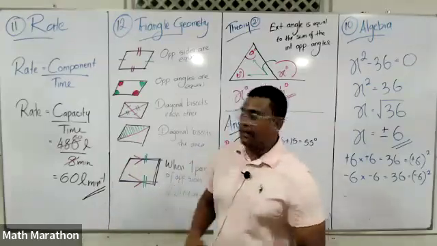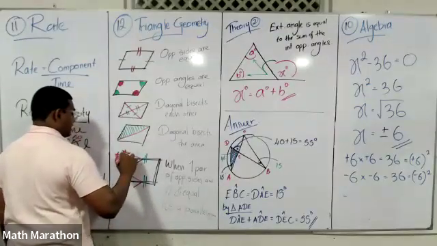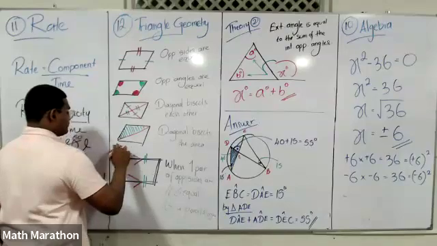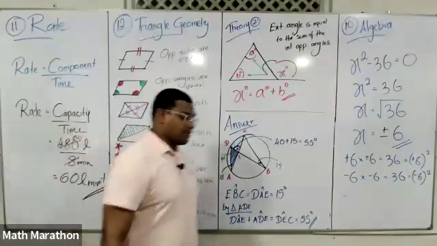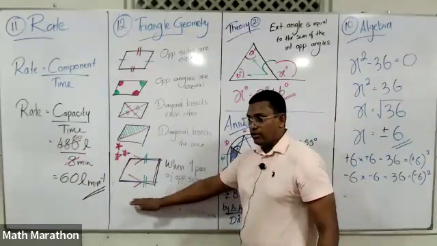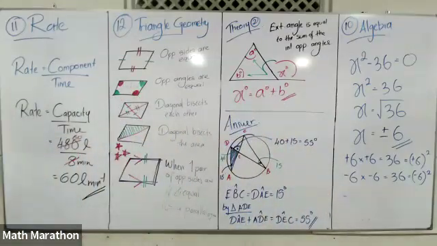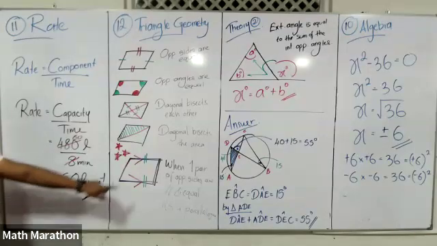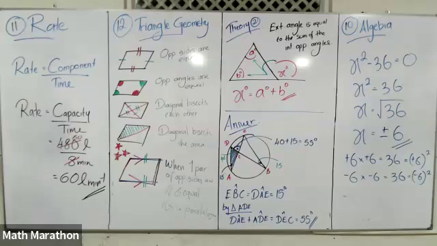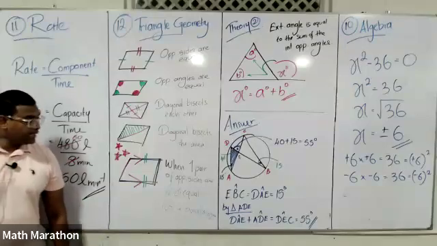Very, very important. 95%, if they ask you to prove a quadrilateral is a parallelogram, this is what works for us. If you can prove one pair of opposite sides are parallel and equal, it's a parallelogram. Clear? Good.